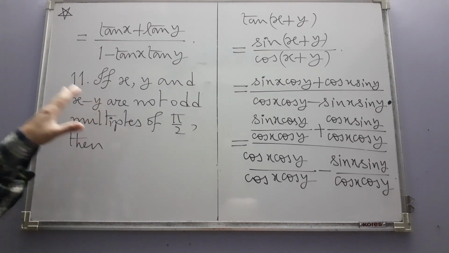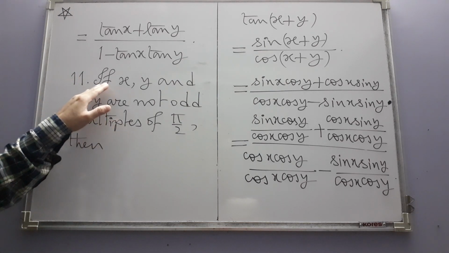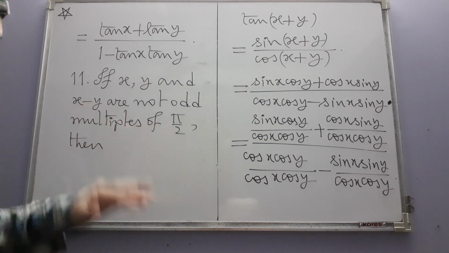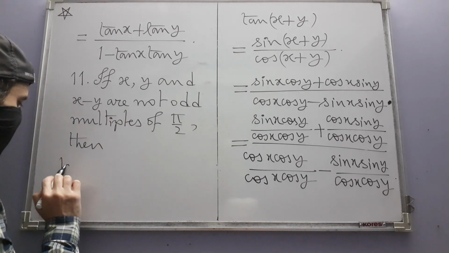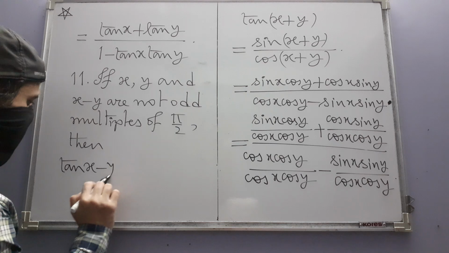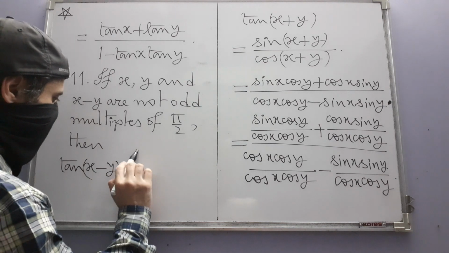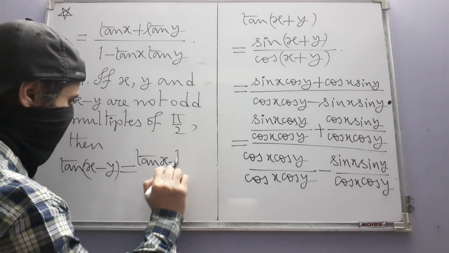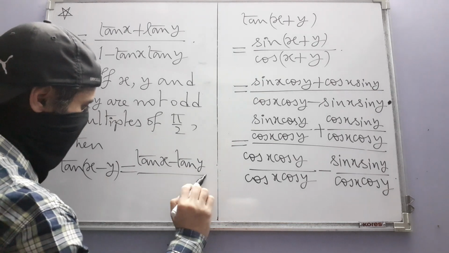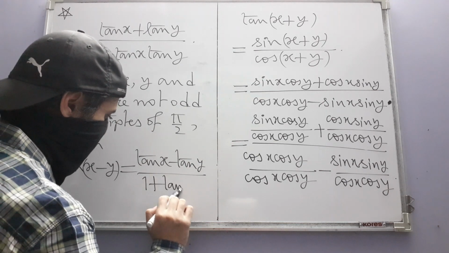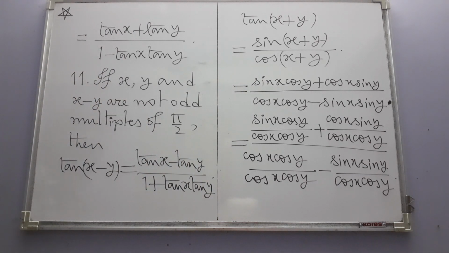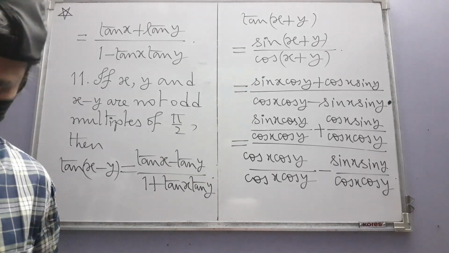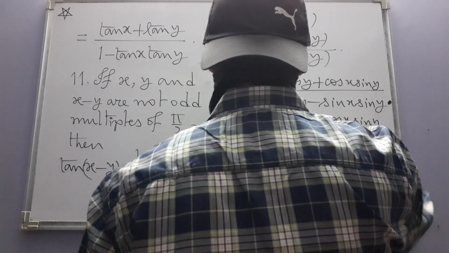I should perhaps have written, if neither of x, y or x minus y is an odd multiple of pi over 2, but you can adjust the language. Then tan x minus y turns out to be tan x minus tan y divided by 1 plus tan x tan y. So let's substantiate this one also, and then we will call it a day.